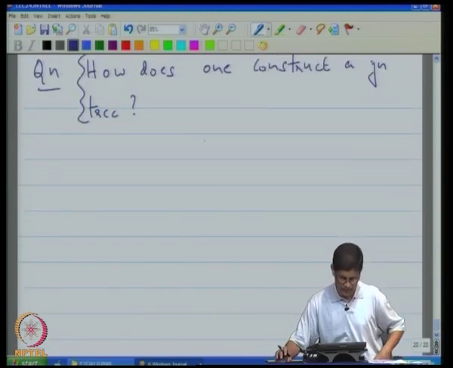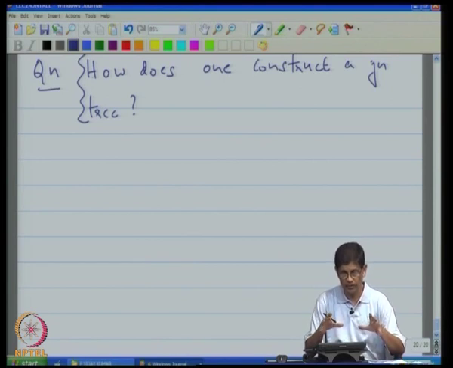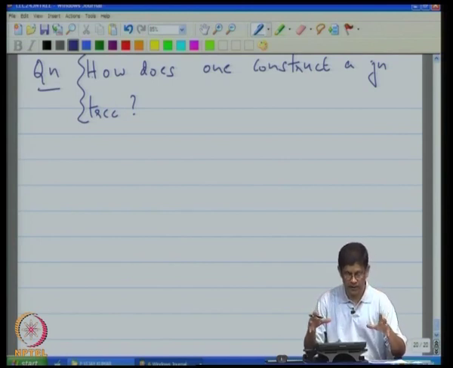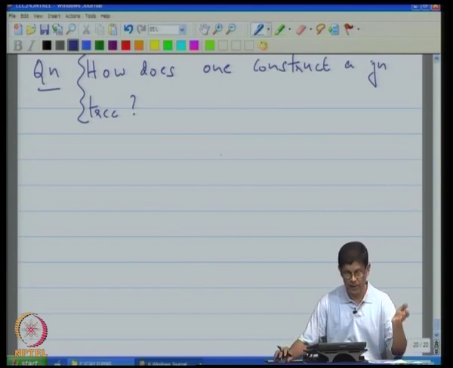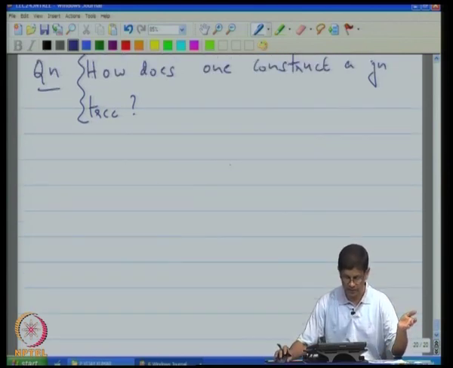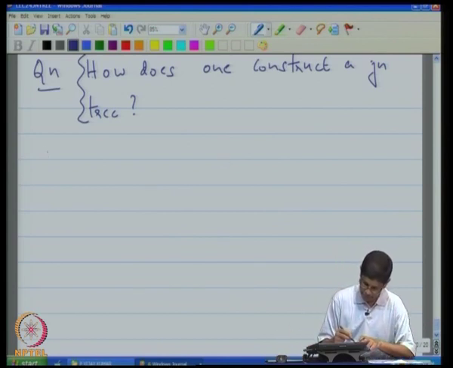And the answer is that there are algorithms in graph theory which tell you how to construct a maximal weight spanning tree, and we are going to adapt one of those algorithms, but first we have to make a connection between spanning trees, maximal weight spanning trees and junction trees. Okay.